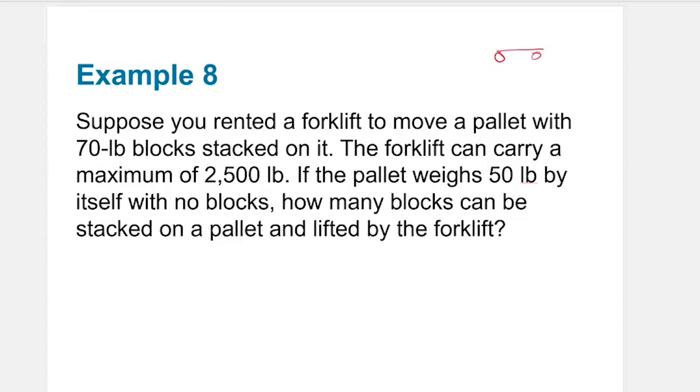So we have a little truck, and on here we have 70 blocks stacked on it. I'm obviously not going to draw 70 blocks, but there's 70 blocks.